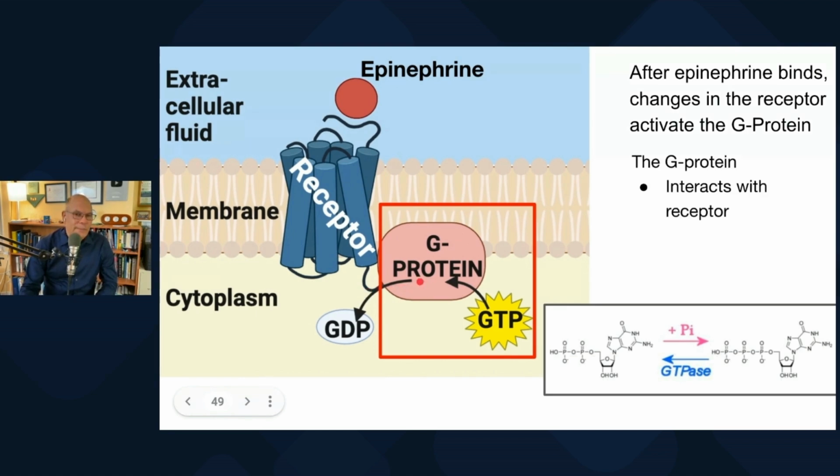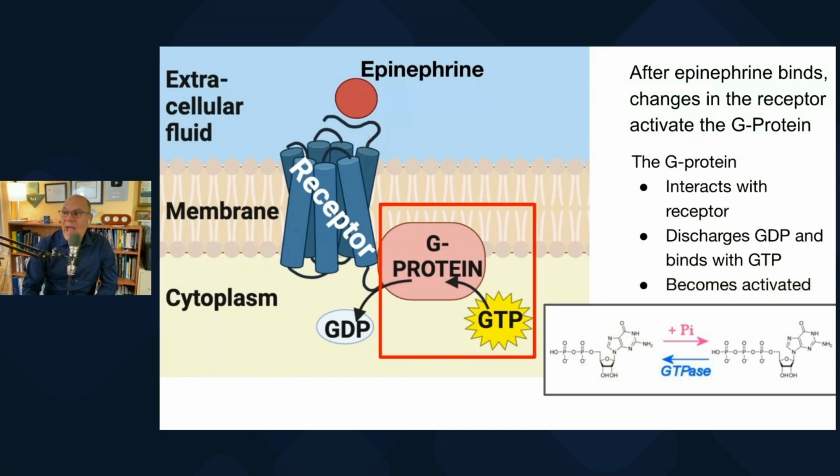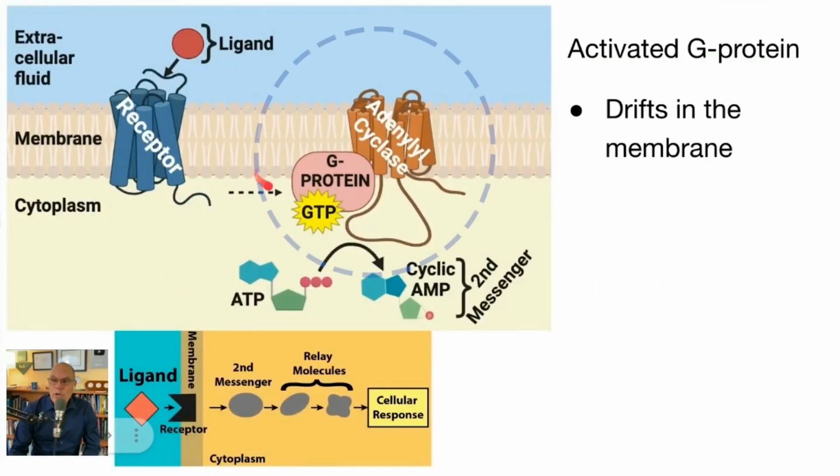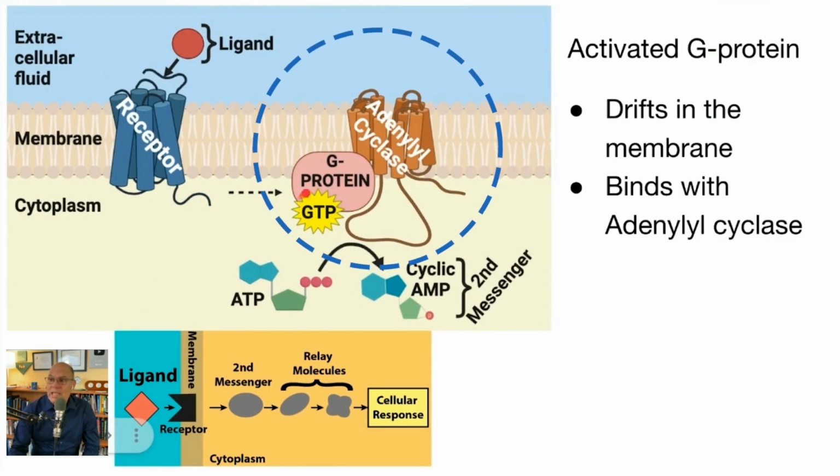The G protein is randomly moving in the membrane. It'll bump into this part of the receptor, and that will induce a change in the G protein. That'll cause the G protein to let go of GDP and bind GTP. The G protein is now activated. That activated G protein bound to GTP drifts in the membrane until it bumps into adenylyl cyclase.